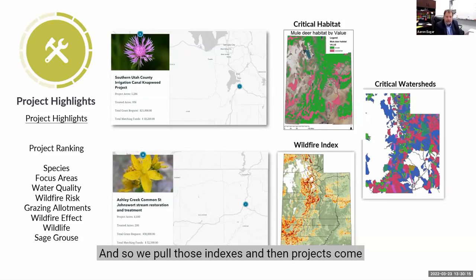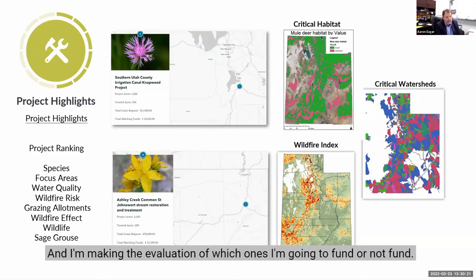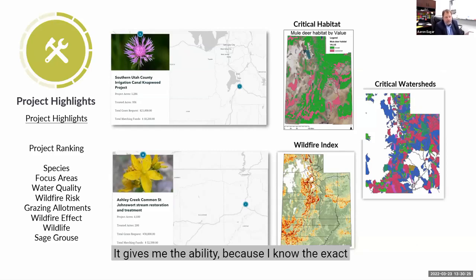And so we pull those indexes, and as projects come from one county or one side of the state to the other side, and I'm making the evaluation of which ones I'm going to fund or not fund, it gives me the ability, because I know the exact point of that species that they're asking to treat, to see how it meshes with our state values, with our critical habitat for mule deer and elk, and whether it is in an area with a high likelihood of fire.